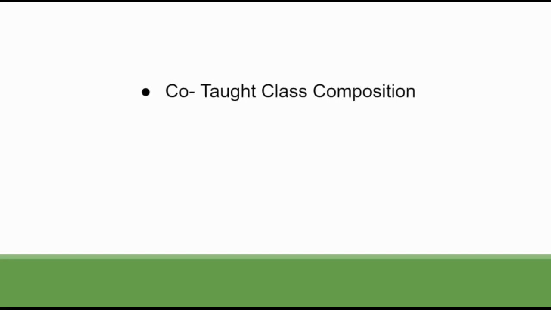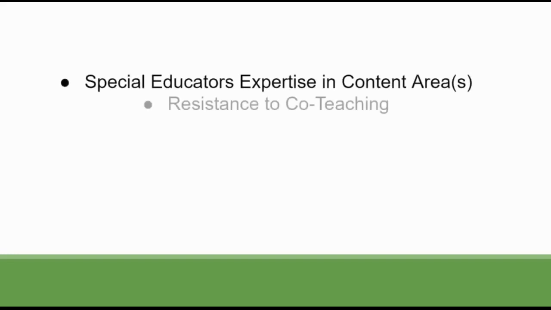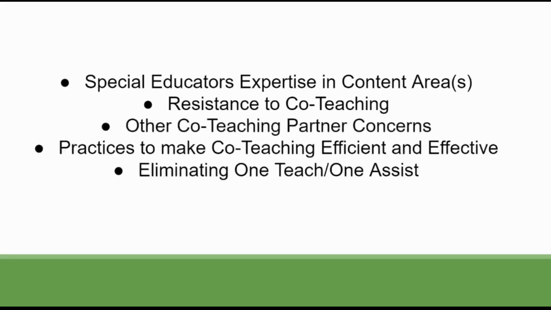The other parts within this document are about thinking through the co-taught classroom composition. We've hit a lot about co-teaching and specially designed instruction, so take some time to maybe go and reread that. There are areas about expertise in content areas, and resistant teachers to co-teaching.